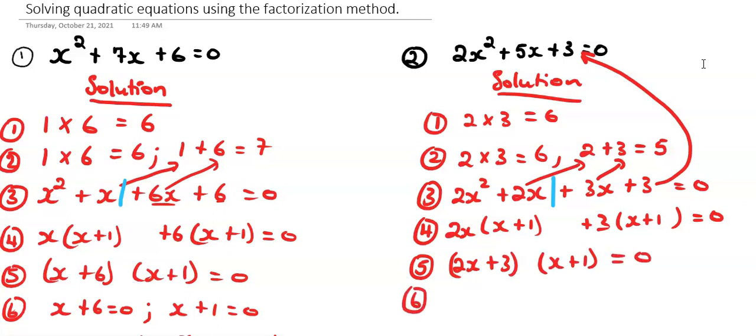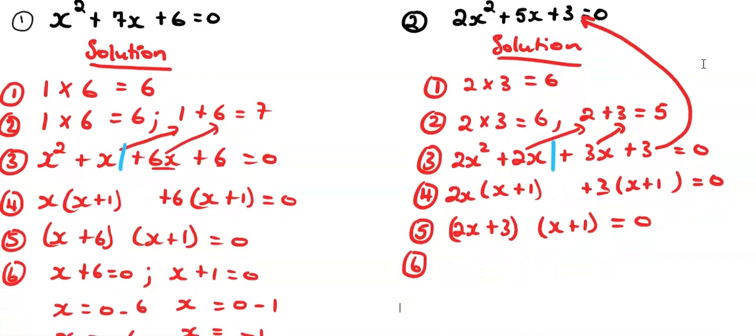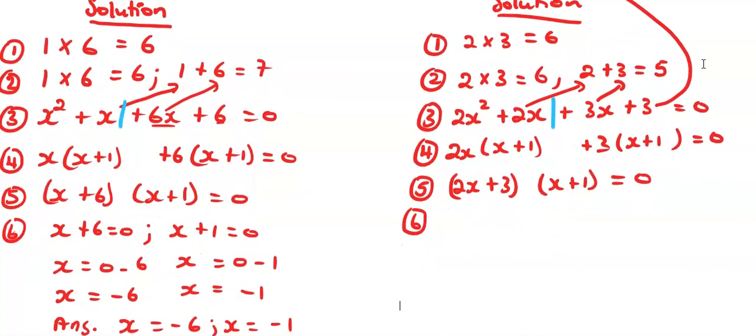Step number 6, as before, guys, we're going to put those binomials equal to 0. So we have 2x plus 3 is equal to 0, and x plus 1 is equal to 0. Let's go ahead and solve our first equation now.